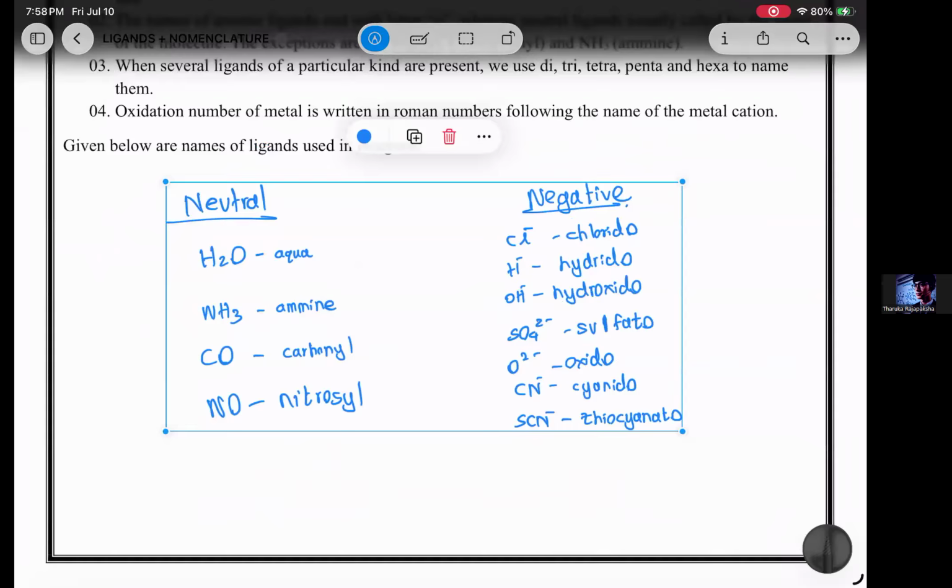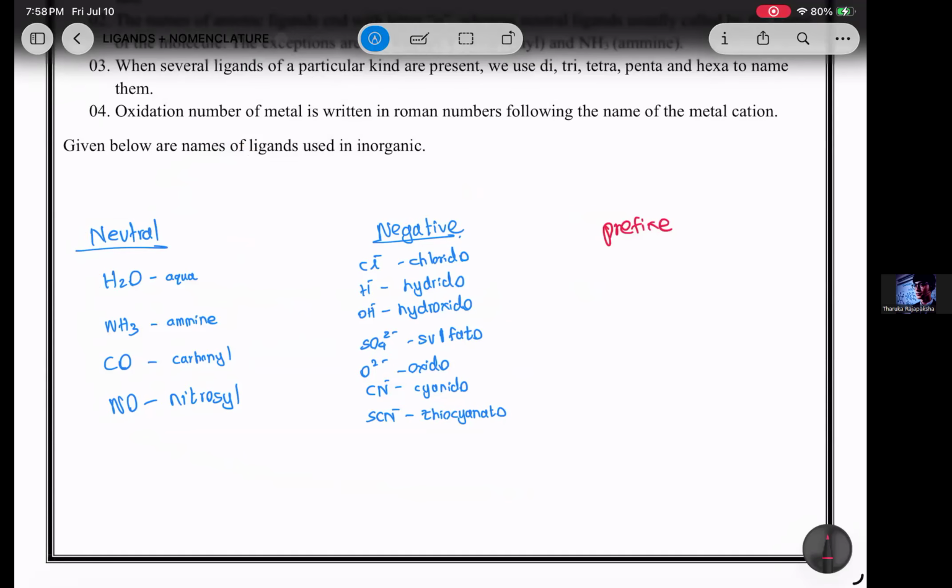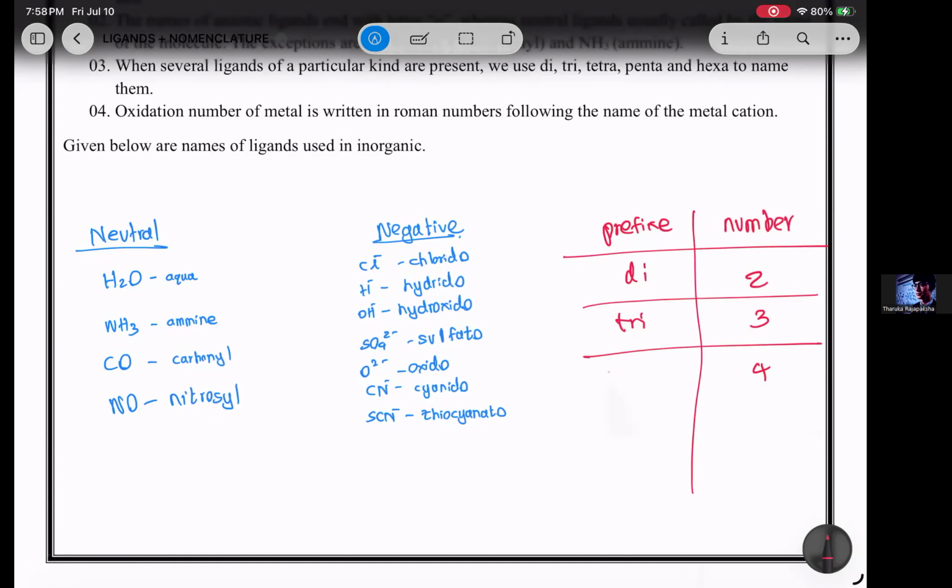We use prefixes. If there are two, we use di. If there are three, tri. If there are four, tetra. If there are five, penta. If there are six, hexa.